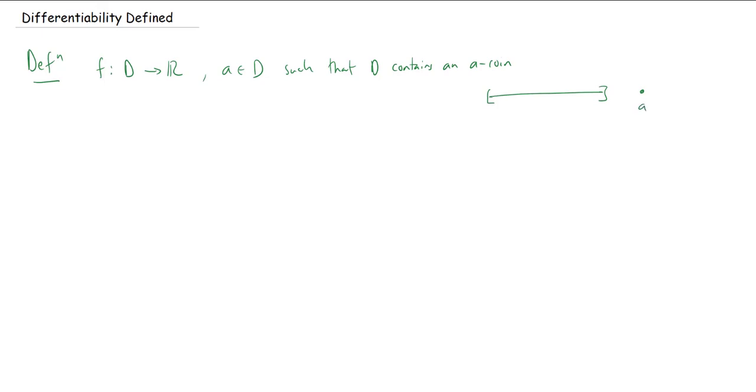Okay, so we don't want this situation to be considered because it's not really clear how to talk about how the function changes near A. There's no input points near A. Okay, so that's the first bit. We have to have an A coin in the domain.